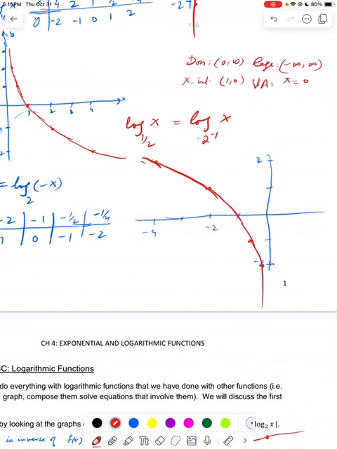And notice here, this is the flip over the y-axis, which makes sense.